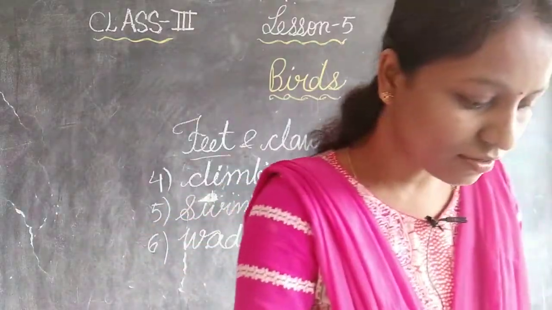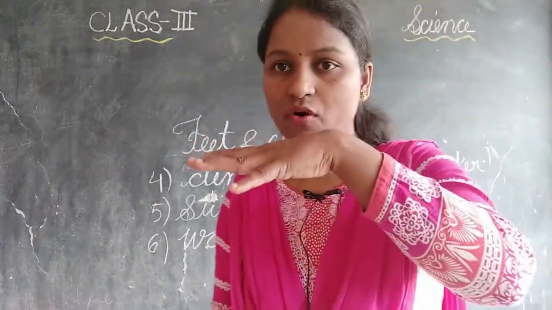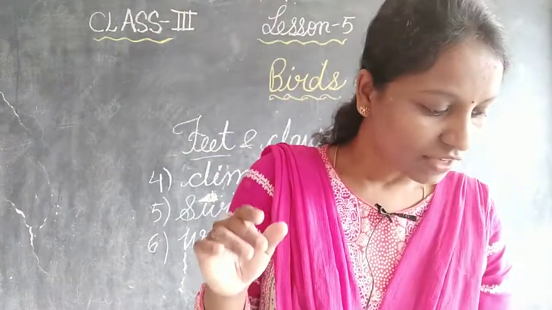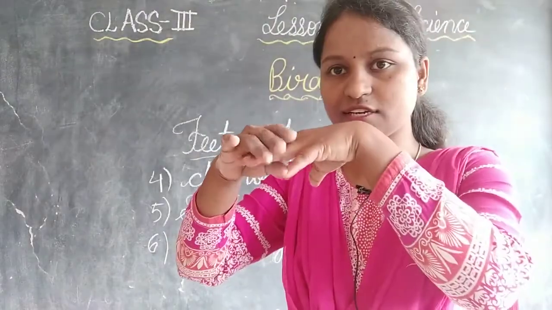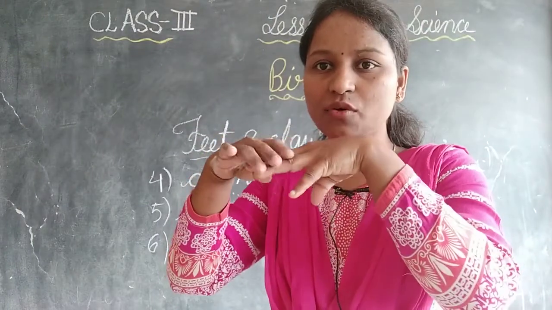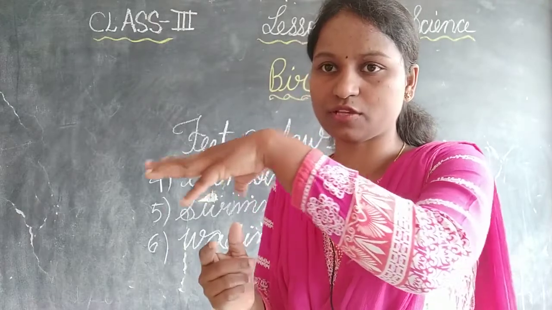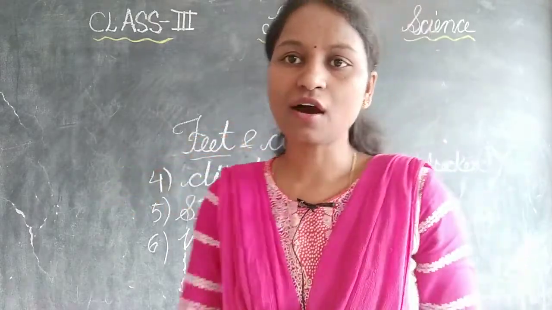Suppose like a duck. In the webbed feet also, there are 3 toes in the front and only 1 toe at the back, so that they can swim in the water.